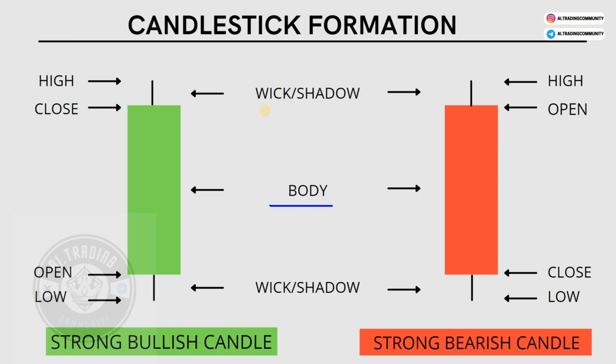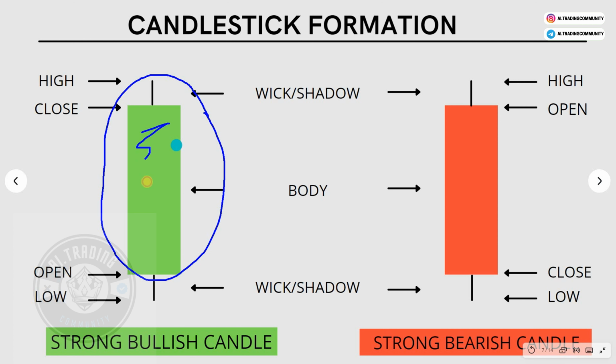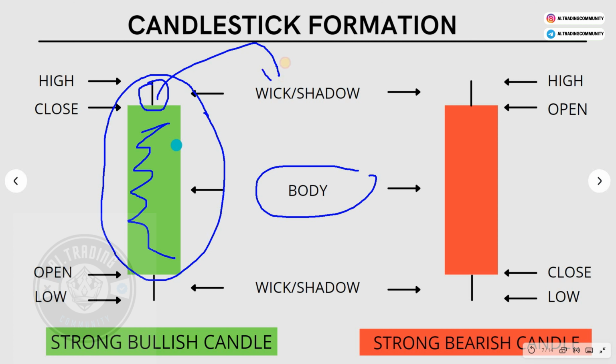If you look at the green candlestick here, the green area is called the body, and the black line is called the wick or shadow. You need to keep that in mind.